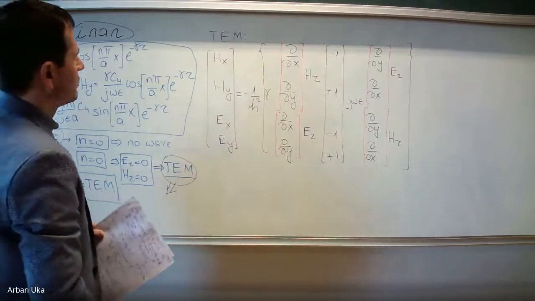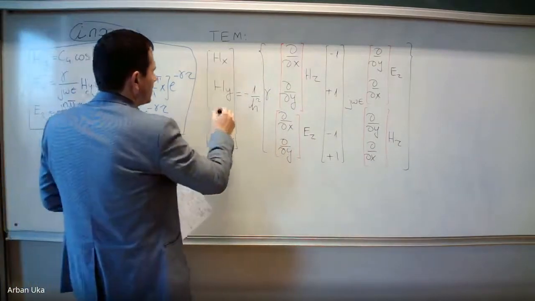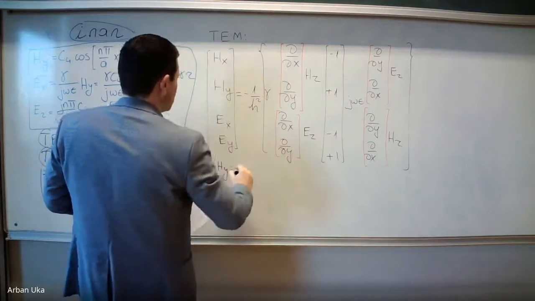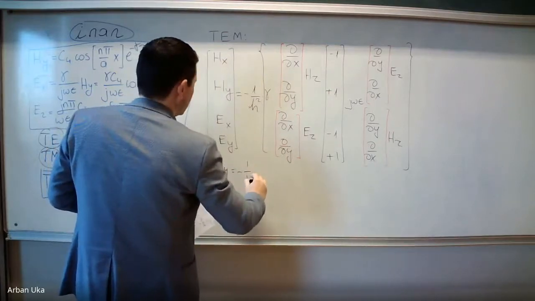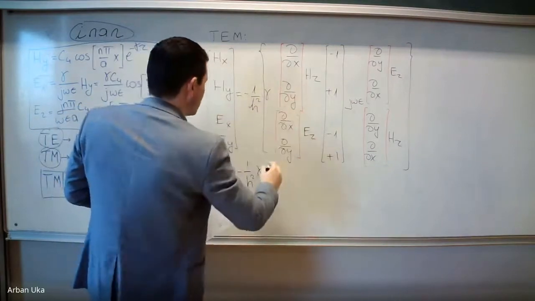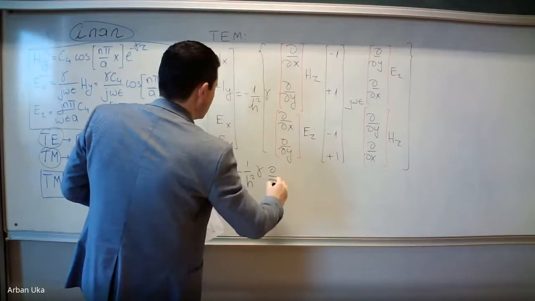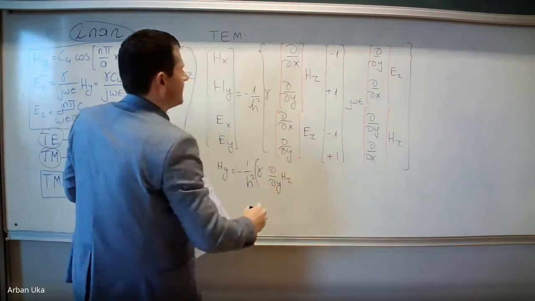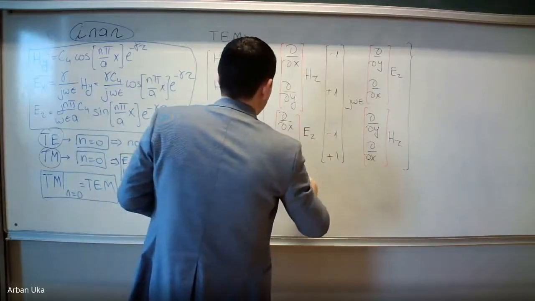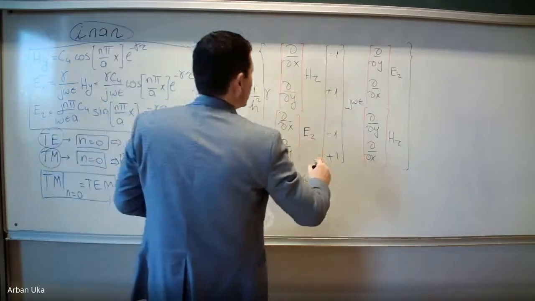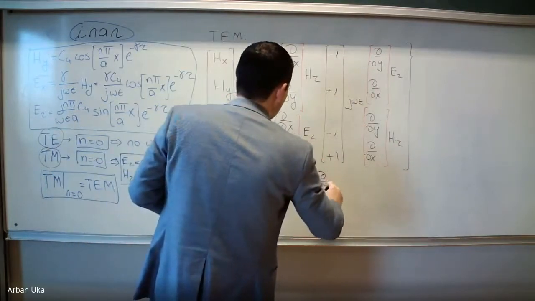In order to read this, let's read, for example, what is Hy from here. Hy is equal to minus 1 over h squared times gamma times the derivative with respect to y of Hz, plus j omega permittivity times the derivative with respect to x of Ez.